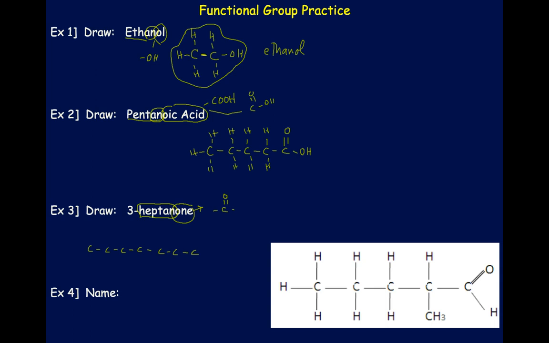However, where do I put this? There are so many options. I can't put it on the end. I could put it anywhere here, but it's telling me where: carbon number 3. Now, which one's carbon number 3? That's up to you. I usually read from left to right, like most of us do. So make this carbon number 1, carbon number 2, and this carbon number 3. On carbon number 3, I'm going to put a double bonded oxygen there.